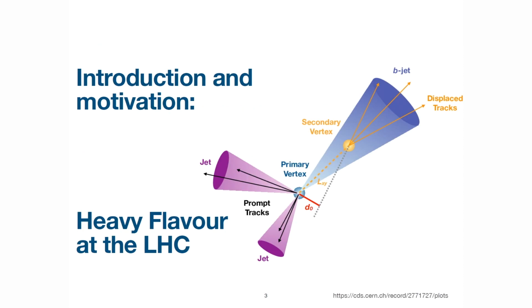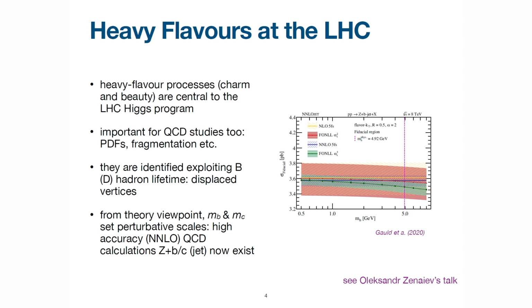So, introduction and motivation: heavy flavor at the LHC. There's no need to explain the importance of studying these sorts of processes. They are very interesting from the point of view of the Higgs physics program, because we want to study the Yukawa coupling of the Higgs to the heavy fermions. As we just heard, they're also important for QCD studies because they enter PDF determination.